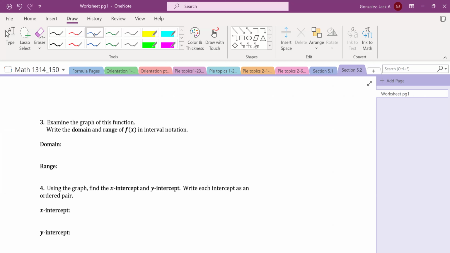Domain is literally given to you, 0 to 5. The range, we saw the lowest point on that picture was 0, and the y was 2 point something, 2.236.